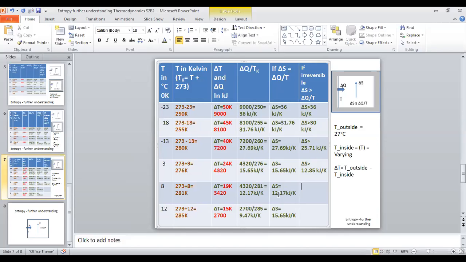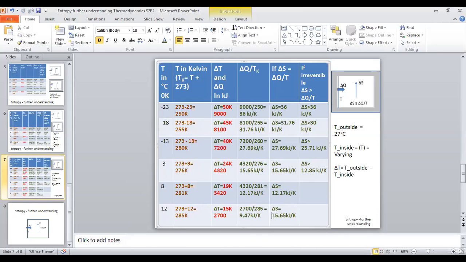That is a 20% decrease in entropy increase for the reversible process, 20% for 5 degree. When it comes to 12, this is 9.47.